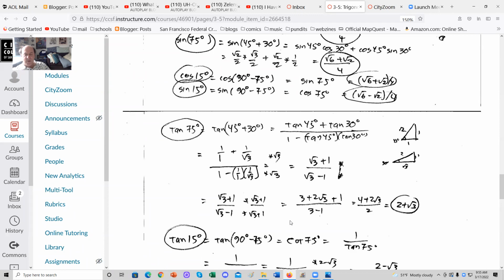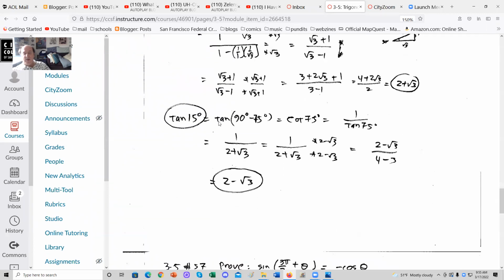Sum times difference is a difference of squares, root 3 squared minus 1 squared. That's 3 minus 1 over 2. Here, root 3 plus 1 times root 3 plus 1, which a bit of multiplication later, 3 plus 2 root 3 plus 1, 4 plus 2 root 3. All that over 2, and some 2's cancel, and you're left with 2 plus root 3. That's the tangent of 75 degrees.